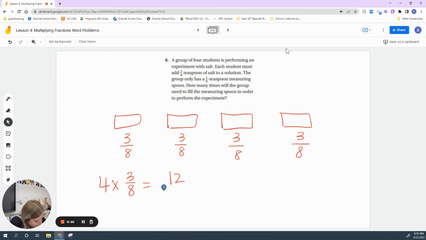So I get 12/8. And because I'm using a 1/8, a unit fraction, I know that I have to use that unit fraction 12 times, because 12 times 1/8 equals 12/8. So they will need to use the measuring spoon 12 times.